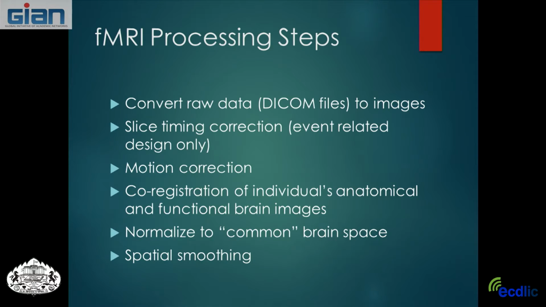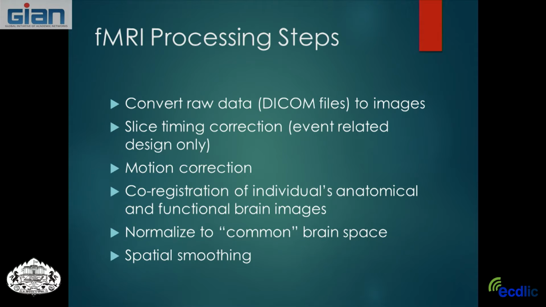So just to get us back to that point, there are a few different processing steps that take place before that, in pre-processing. For example, we are going to convert our raw data, which is the DICOM files that we talked about, to image files, so that we have something our software programs can read and work with. We do slice timing correction in the case of event-related design studies.